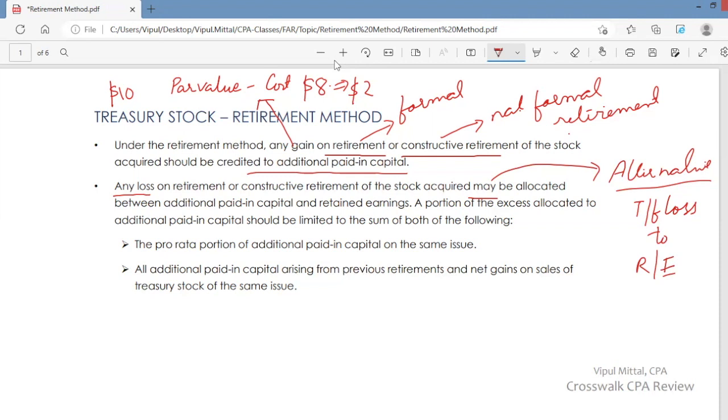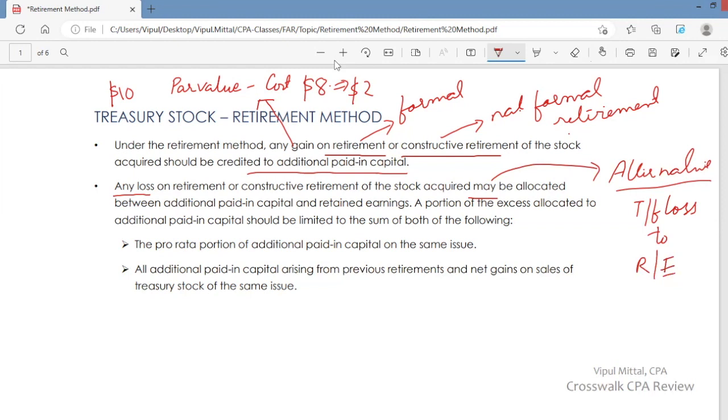Now, if you decide to allocate the entire loss to retained earnings, that is fine. But if you decide that it should be split between additional paid-in capital and retained earnings, then there is a limit on the amount that can be allocated to additional paid-in capital.